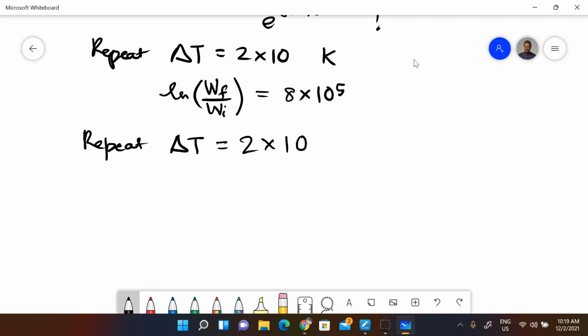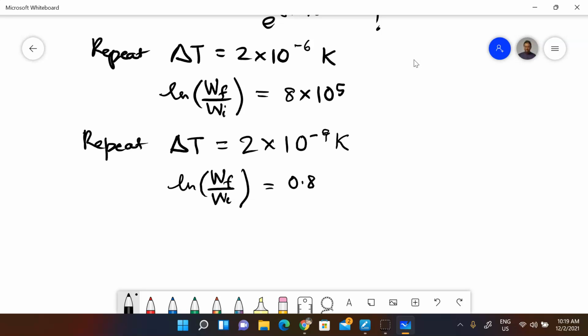Okay, this is minus 6, not minus 16. So that gives you that number. So make it much smaller, minus 9 Kelvin. Then your log of Wf over Wi in this particular case will be 0.8.